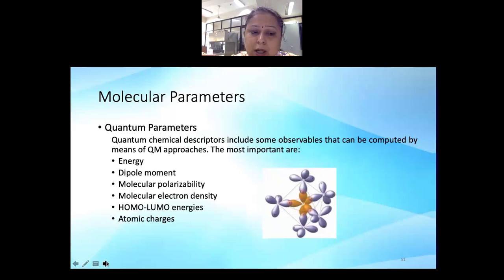The most important are the calculation of different types of energies, dipole moment, molecular polarizability, molecular electron density, and finding out the highest occupied molecular orbital and lowest unoccupied molecular orbital energies when you are predicting whether a chemical compound will undergo a certain kind of reaction.